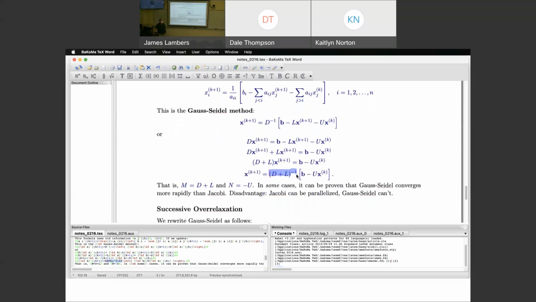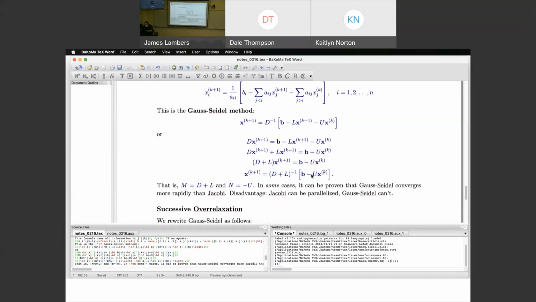Whereas with Gauss-Seidel, you're solving a lower triangular system, which involves n squared operations. And yet the work is the same. It can seem kind of paradoxical, except in Jacobi, you're doing two of these matrix vector products that involve order n squared work, whereas in Gauss-Seidel, you're only doing one of them.